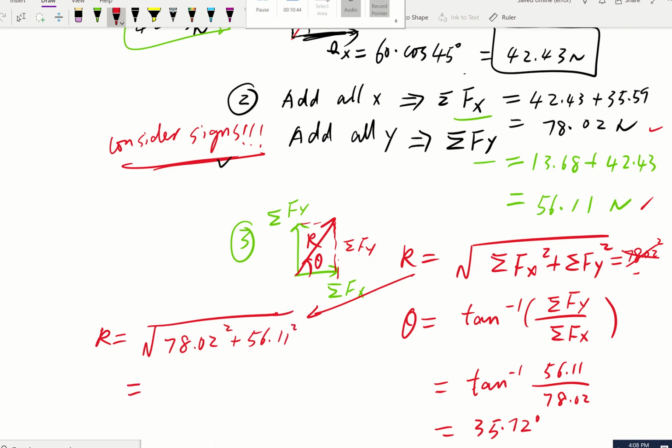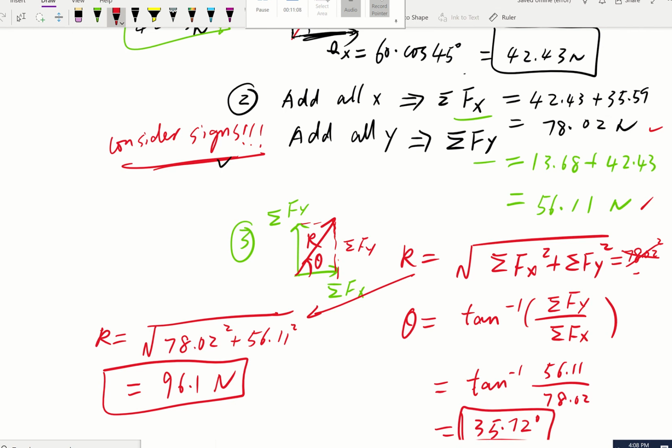And let's see what we got in the calculator. Then we'll take a square root of that, and I have 96.1 Newton. Now we got our magnitude. We also get our direction.